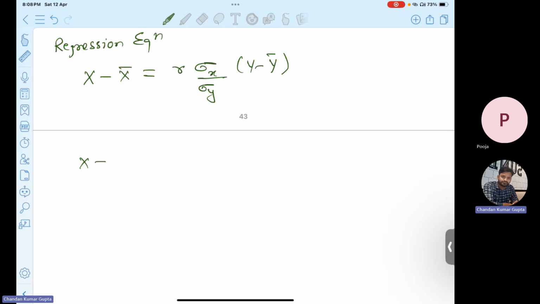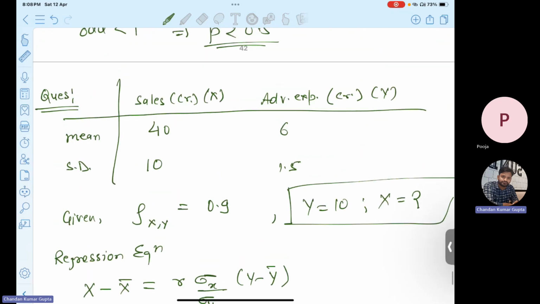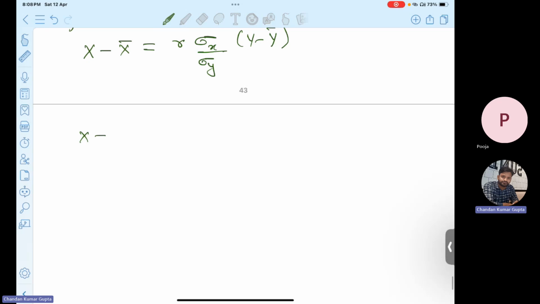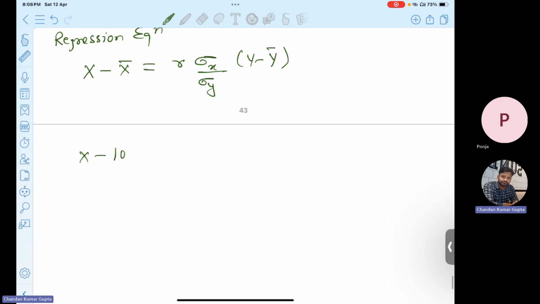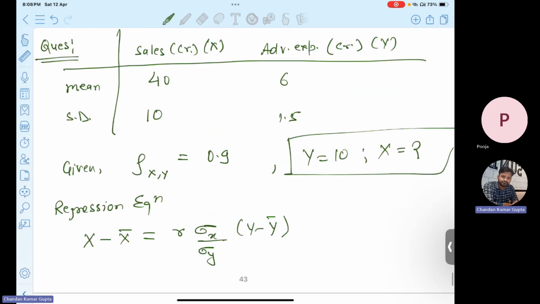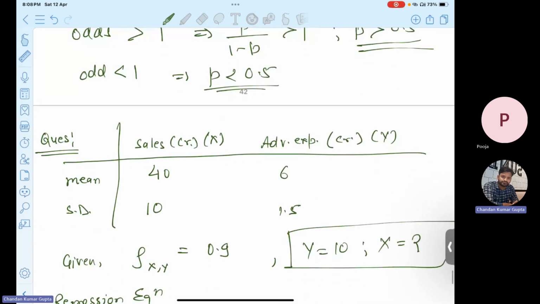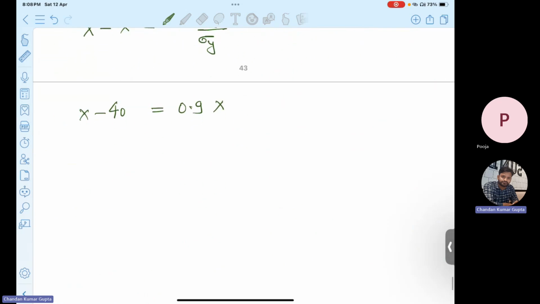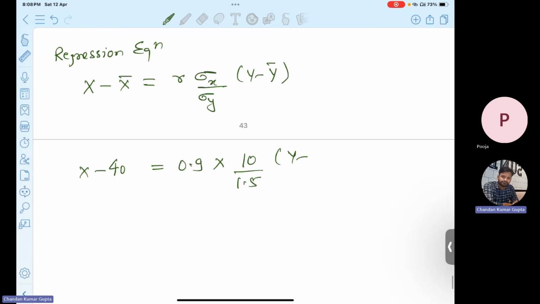Here X bar is 40 and Y bar is 6. So X minus 40 equal to R, which is 0.9, into sigma X, which is 10, divided by sigma Y, 1.5, and then Y minus Y bar. Sorry, Y bar is not 1.5, it is actually 6.